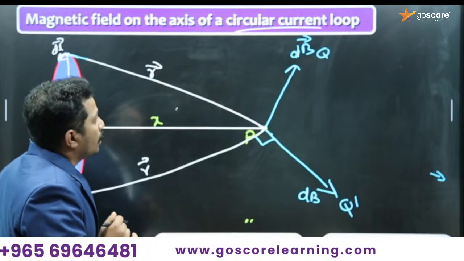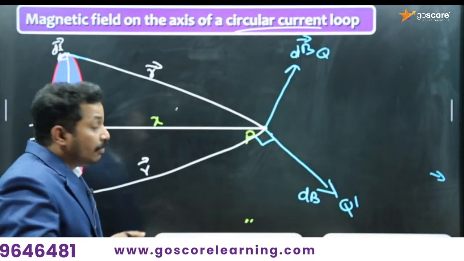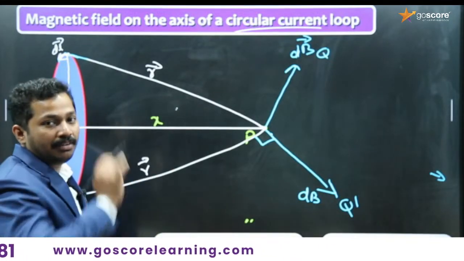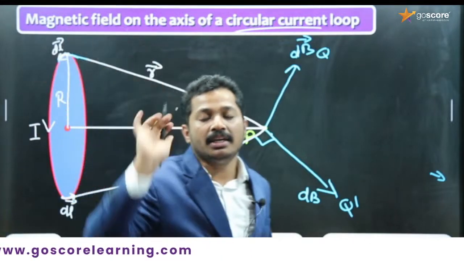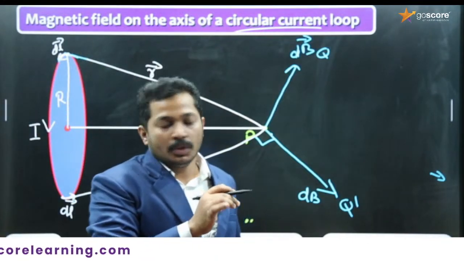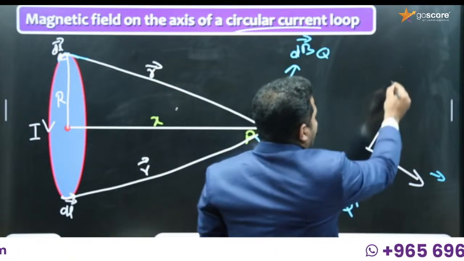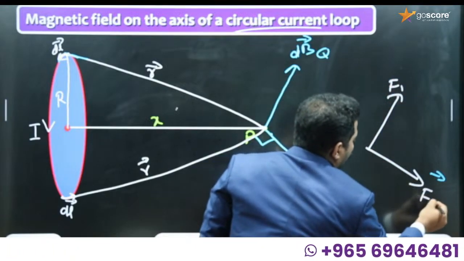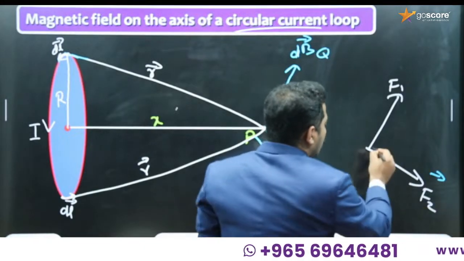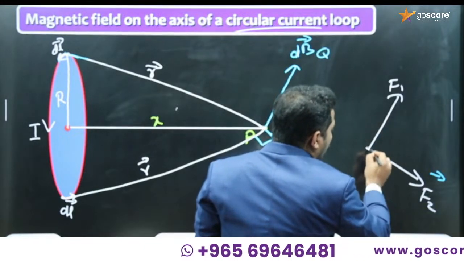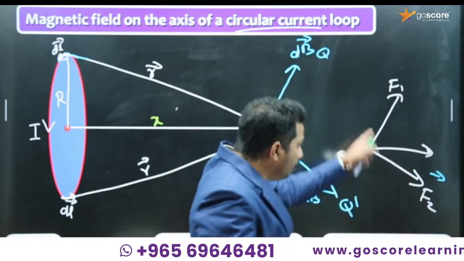So what will be the direction of the resultant magnetic field? Any idea? If two forces, force 1 and force 2, are acting with equal magnitude, the resultant will be midway between them, right?